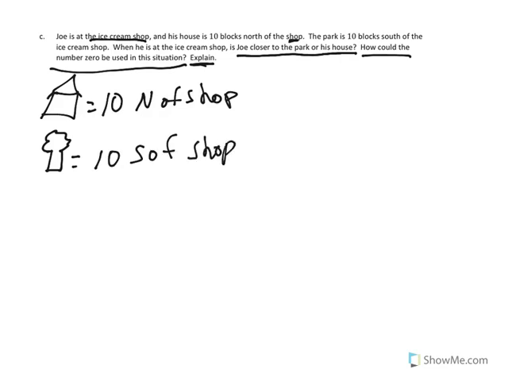All right, so that's the information that we know. Now, how can we tell if he's closer to the park or the house? Go ahead and pause this if you need to get a piece of paper so you can draw a number line. And since it's north and south, I would suggest doing a vertical number line. Go ahead and figure it out and see if you can answer the questions.